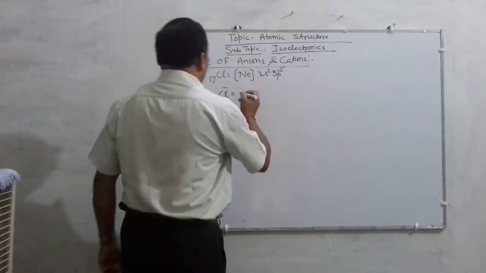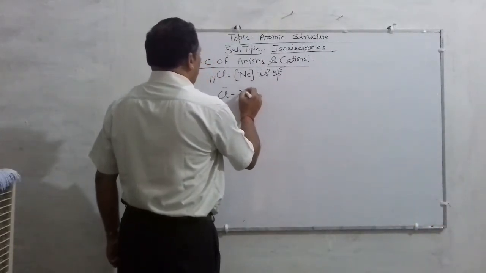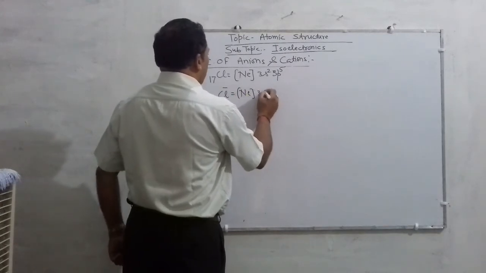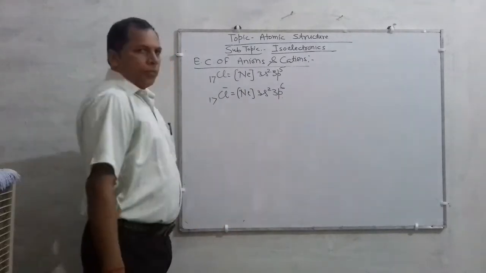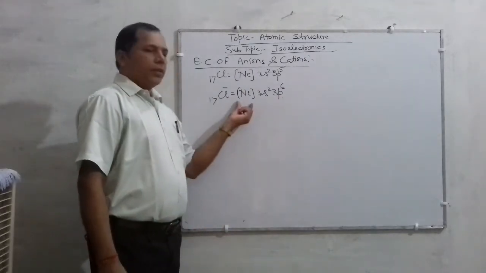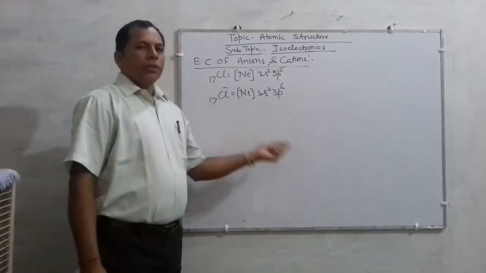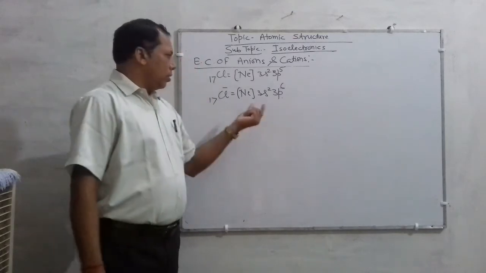So its configuration now becomes 3s2 and 3p6, children. And that is nothing but the electronic configuration of argon.